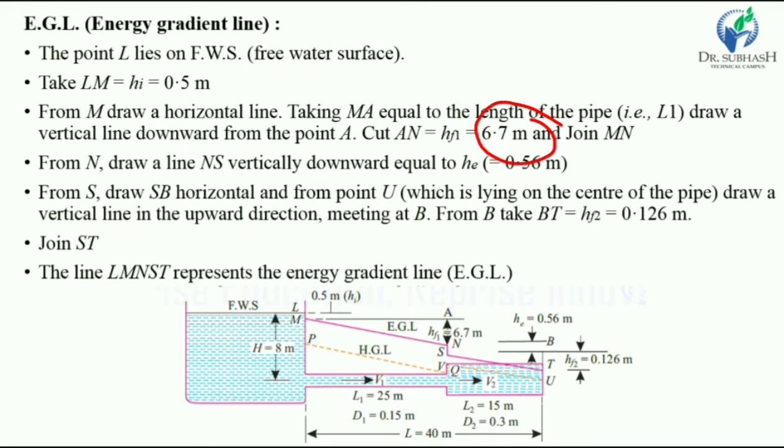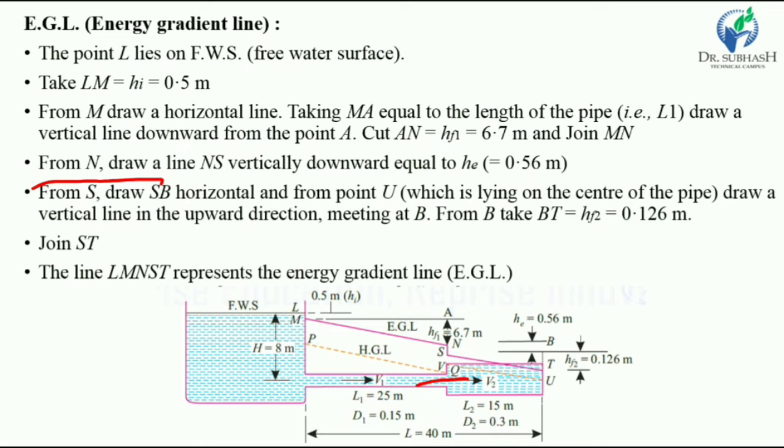So from point A, draw the 6.7 meter downward line and get point N. Now join point M and point N, so we get the MN line as shown in the figure. Now from N, we know that the section changes, the diameter is changed, the diameter is increased.